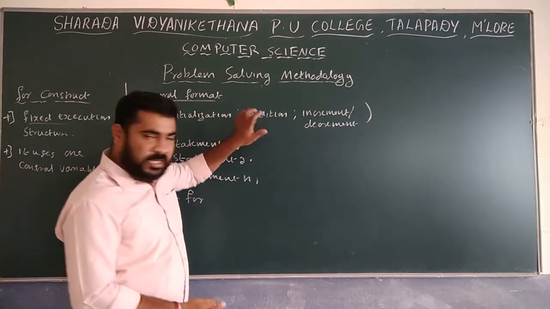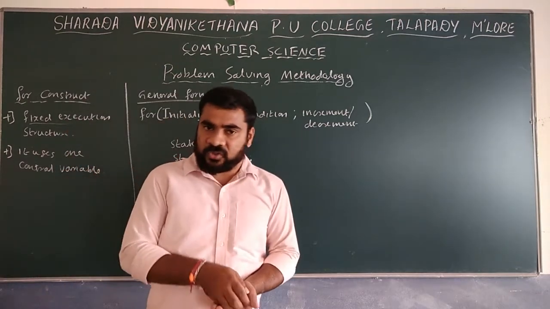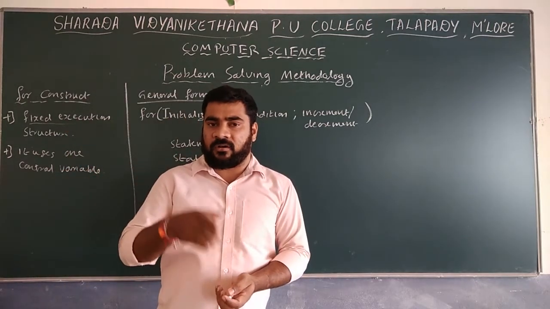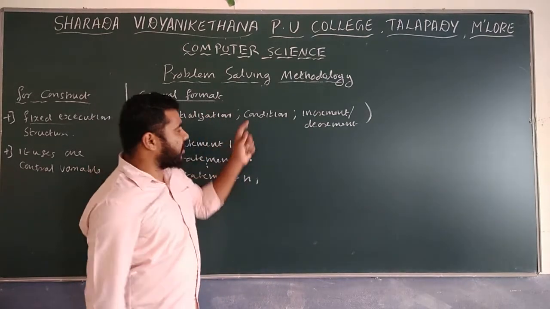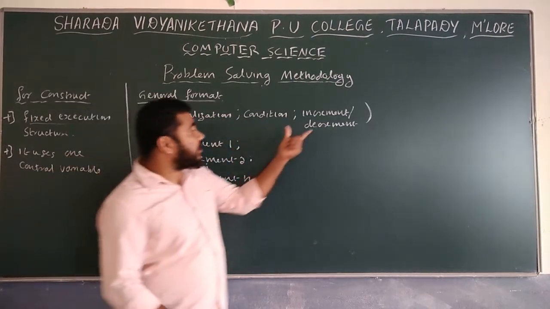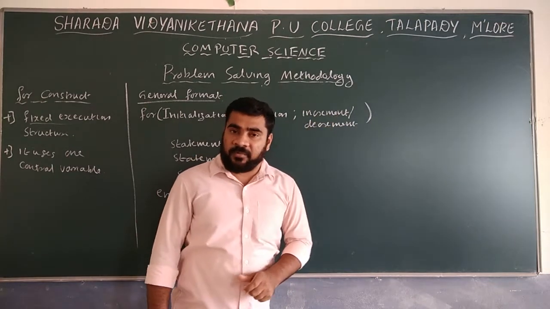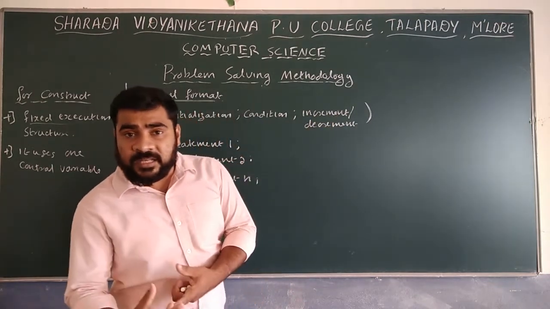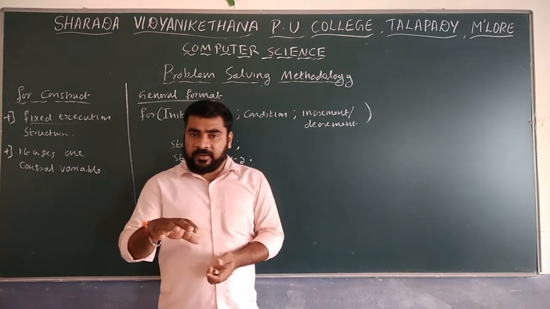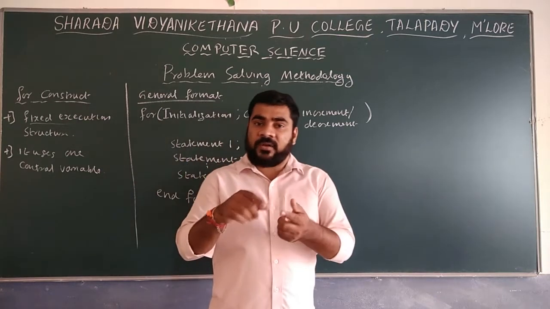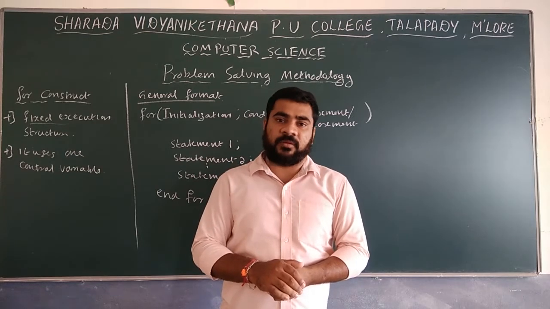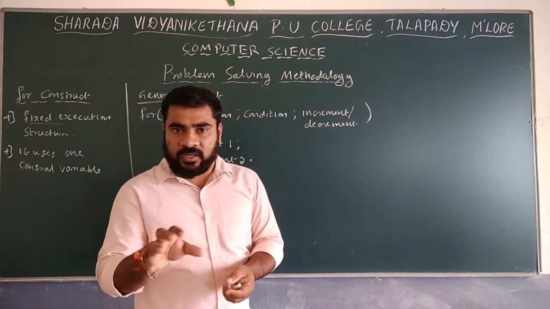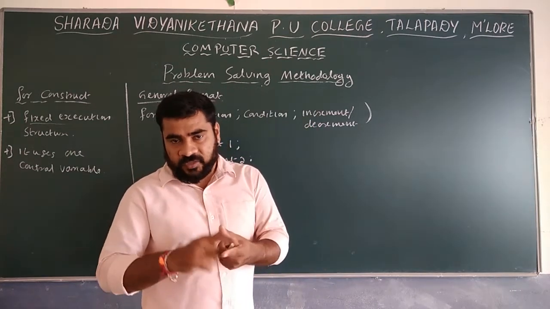The next term is the condition. You already know what the condition is: checking the value whether correct or not, comparing values, anything can be performed. After that, next is increment or decrement. What is increment and what is decrement? Increment means the value is incremented by 1, adding one number to the same number. For example, n is equal to 10, next n should be 11, next 12.